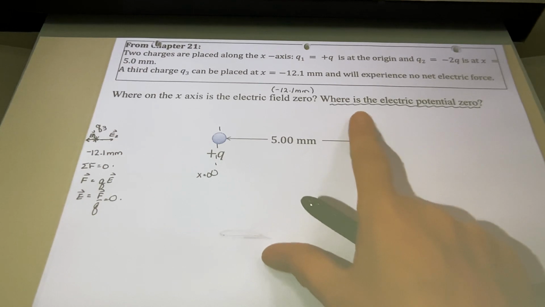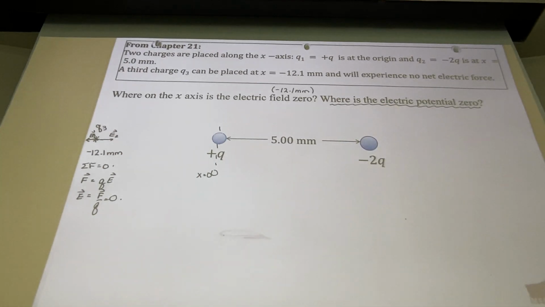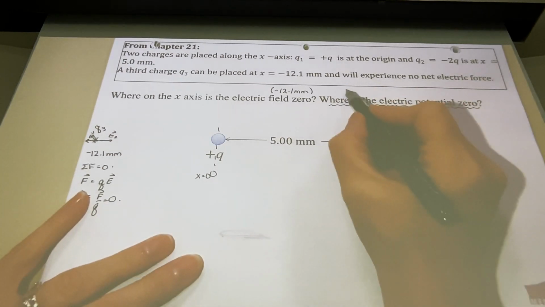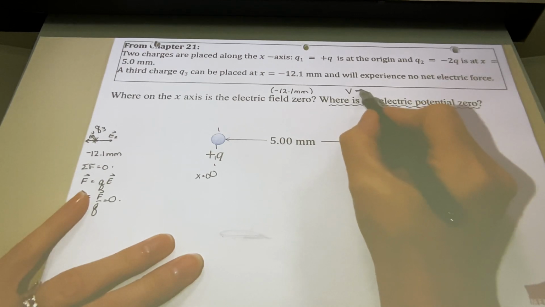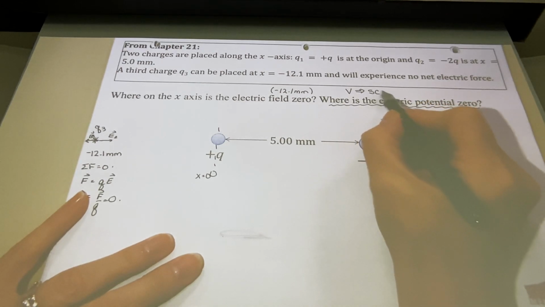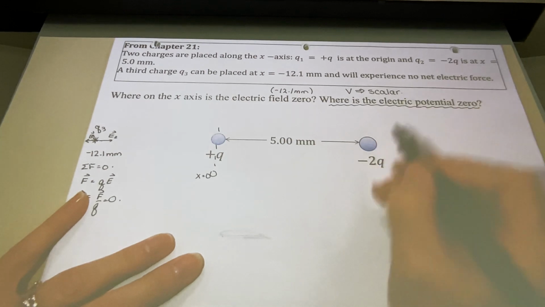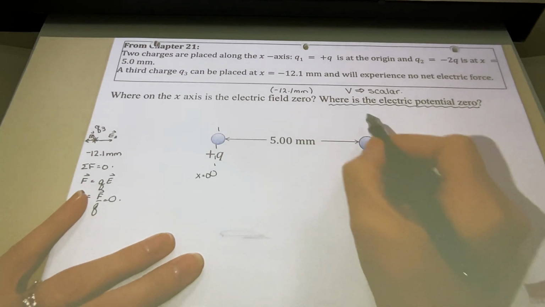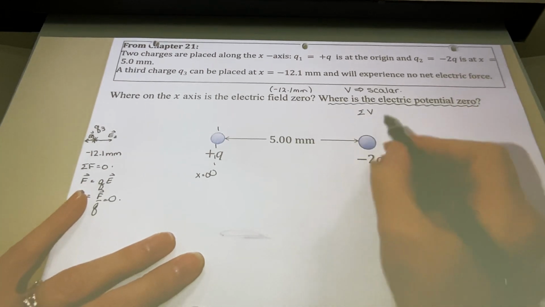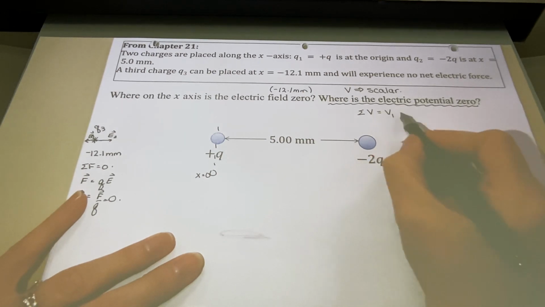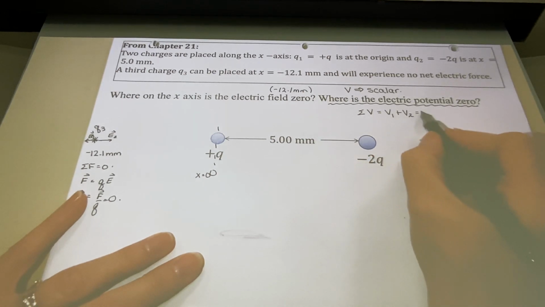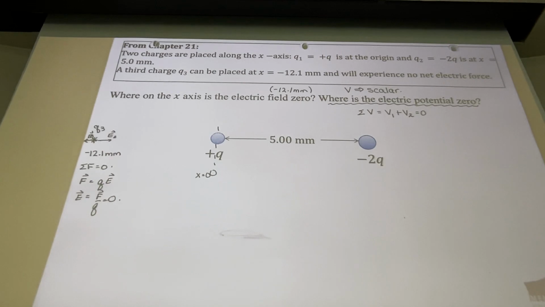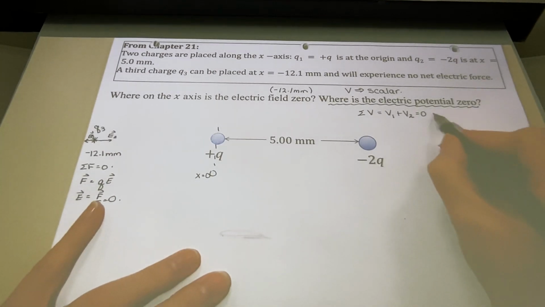So V is different because V is a scalar. To get our net potential to be 0, so our net electric potential is going to be V1 plus V2 equals 0. To get those to sum to 0, it means they have to have opposite signs.